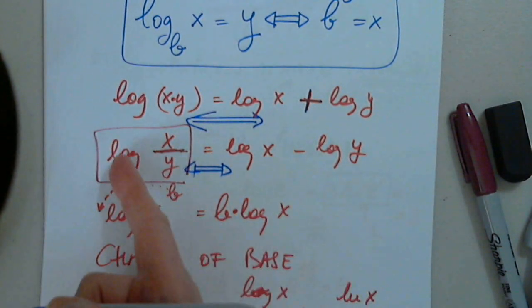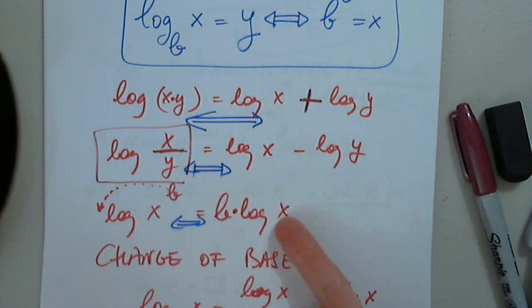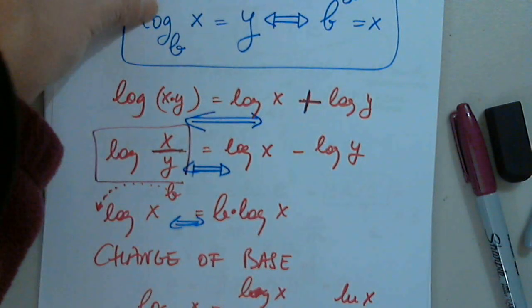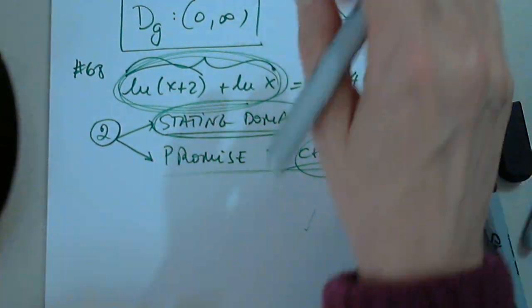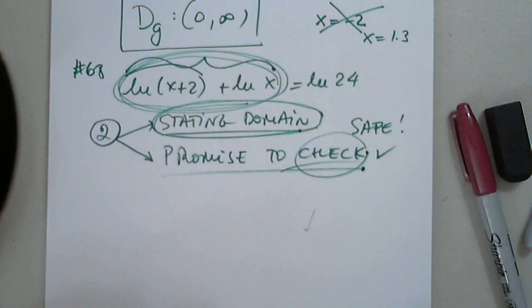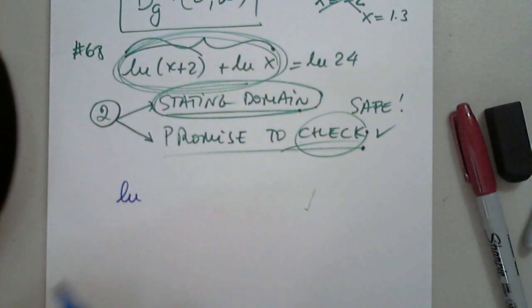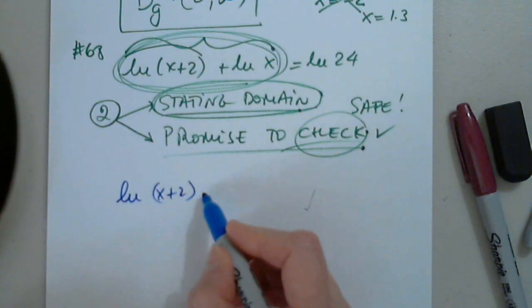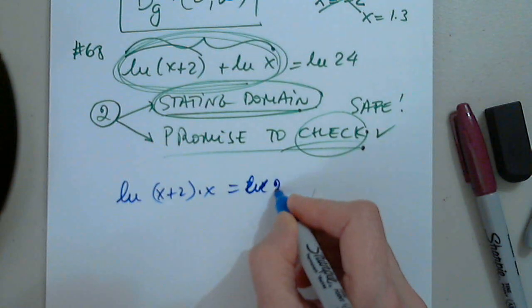So now let's condense. How do I condense this? I have a sum of two logs with the same base. It'll be ln of x plus 2 times x. That's it. Equals natural log of 24.